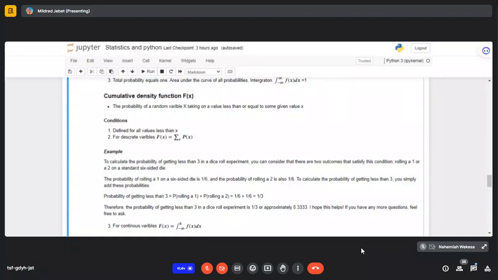So that means the probability of getting 1, or 2, or 3. So now I'll add 1/6 plus 1/6 plus 1/6. That's where this summation comes in.